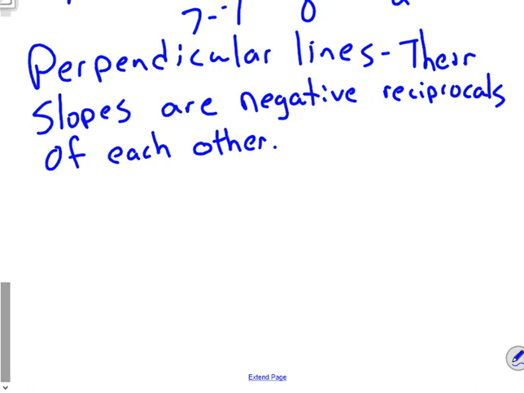So by being the negative of something else, you just change the sign of it. One number is 2, the negative of that is negative 2. Negative 500, the negative of that is positive 500. Okay? Now reciprocal, if you guys have heard that term, do you remember what it means?